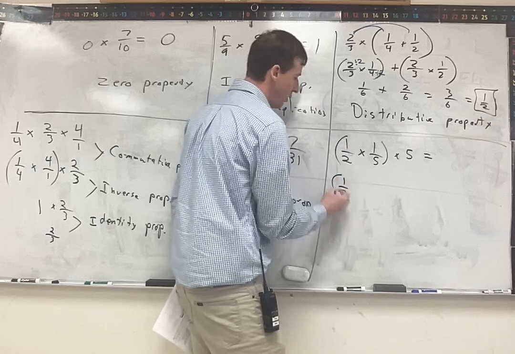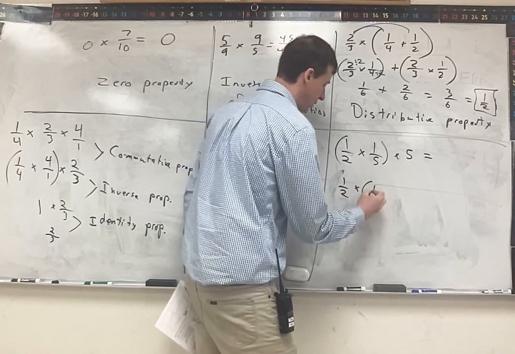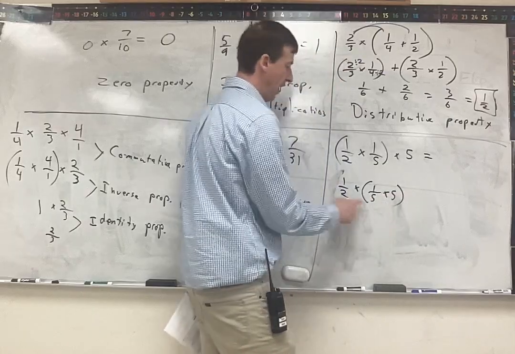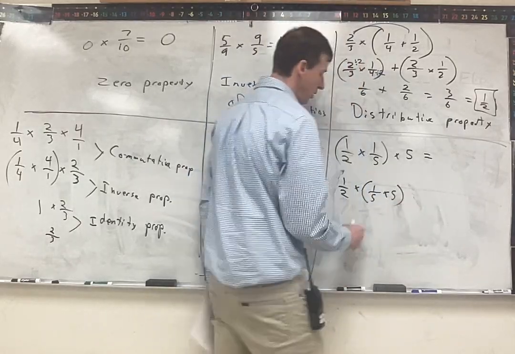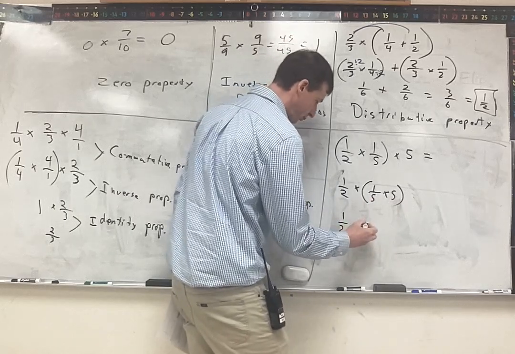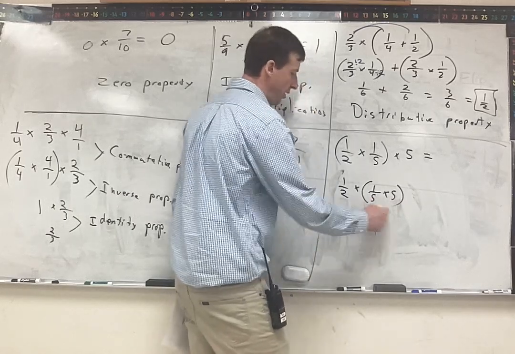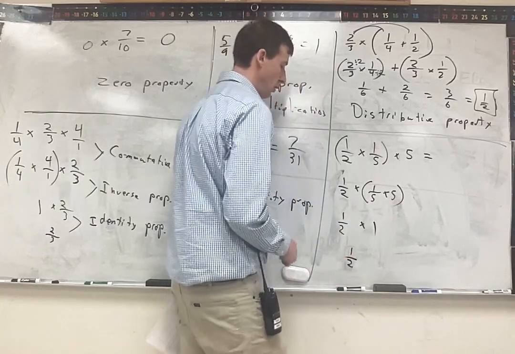So I'm going to use the associative property to make this 1/2 times 1/5 times 5. That's the associative property. And then once I have this, I know that 1/5 times 5 is going to be inverses, which makes that 1. 1/5 times 5/1 is 1. And then 1/2 times 1 is 1/2.